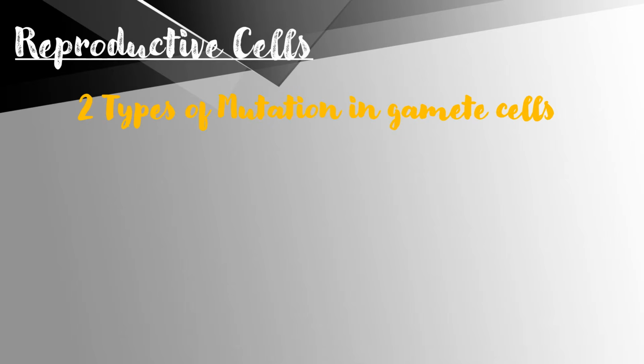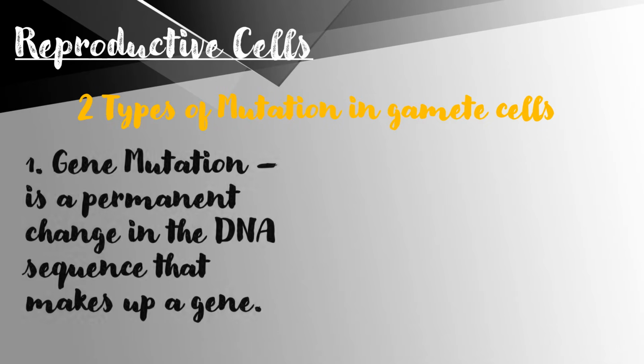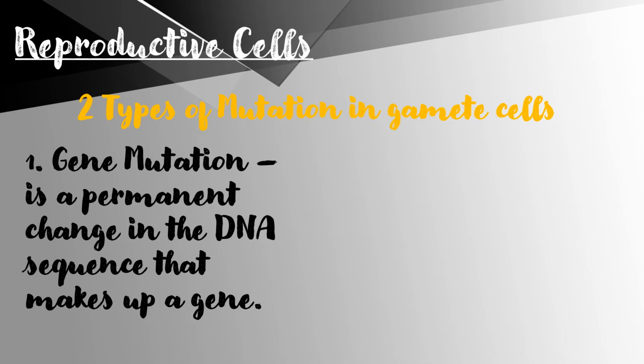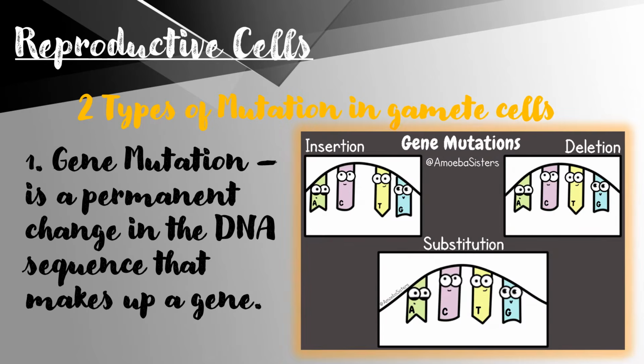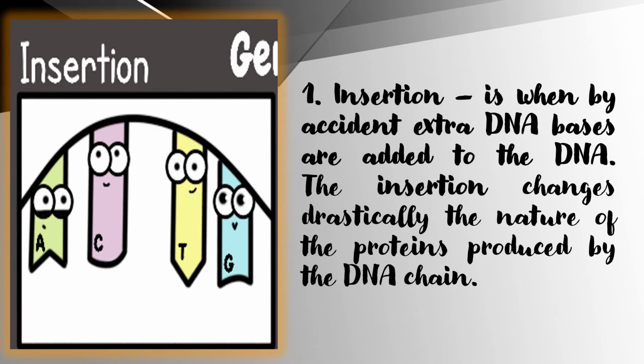Let us proceed to the two types of mutation in gamete cells or reproductive cells. Number 1, we have gene mutation. It is a permanent change in the DNA sequence that makes up a gene. Here are the examples of gene mutation. Number 1, it is when by accident extra DNA bases are added to the DNA.